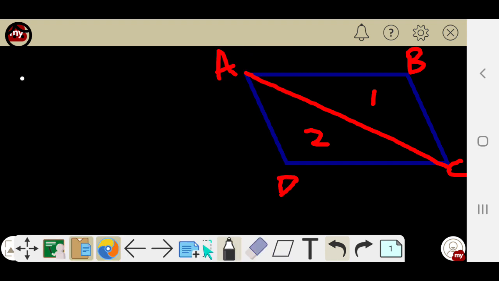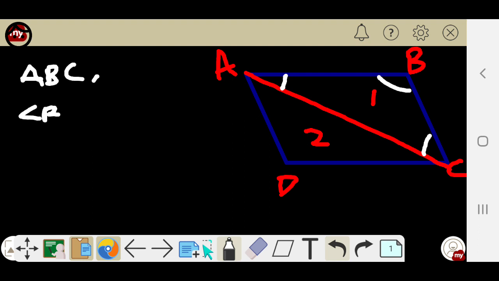Yes. For the first triangle ABC, what can we tell? The sum of angles equals 180. That is, there are three different angles: 1, 2, 3. The sum of these three angles equals 180. Then what can we write?